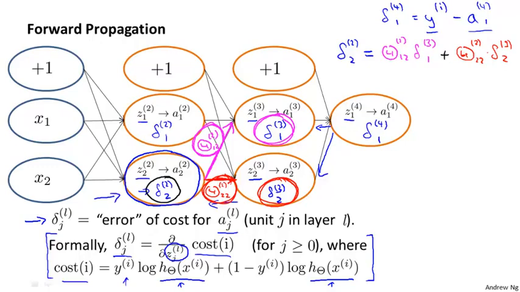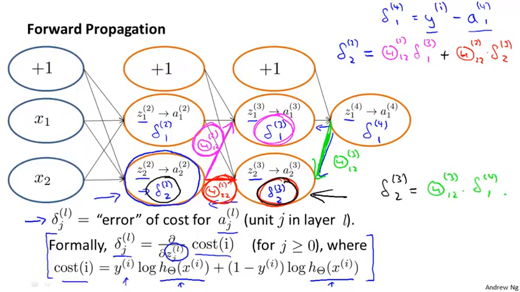And just as another example, let's look at this value. How do we get that value? Well, it's a similar process. If this weight, which I'm going to highlight in green, is theta 3 of 1,2, then delta 3,2 is going to be equal to that green weight, theta 3 of 1,2, times delta 4,1.